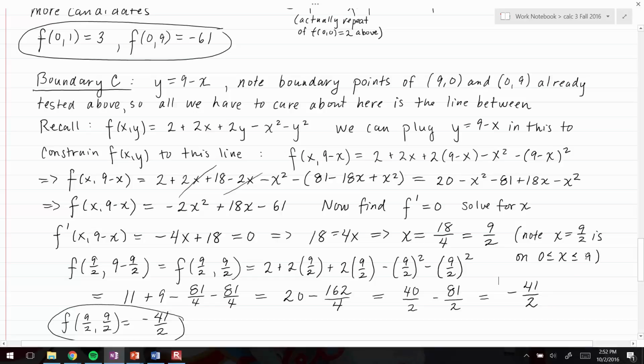One thing to mention up here in parentheses is an important point: you need to make sure your critical value is on 0 to 9 in the x, because that is where we were. This 9/2, 9/2 is on our triangle, in other words.